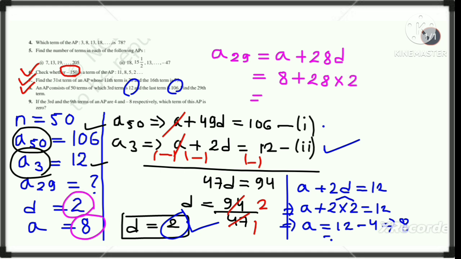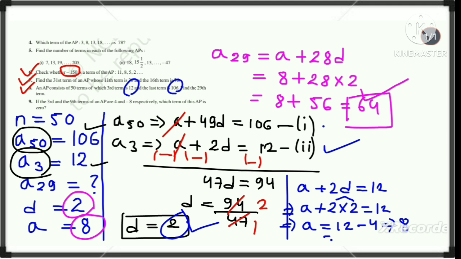Now 28 times 2 is 56. Then after adding 8 and 56, we obtain the value of a29 is 64. In this way, we have obtained a29, which is 64.